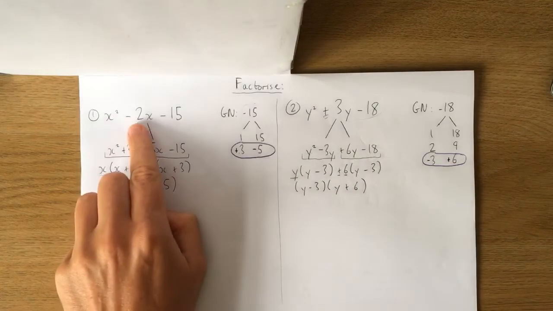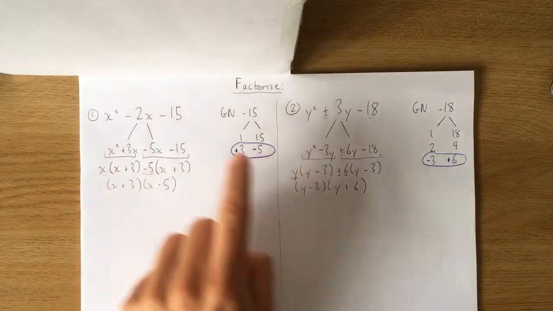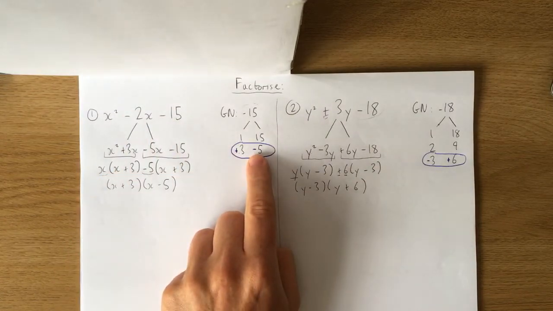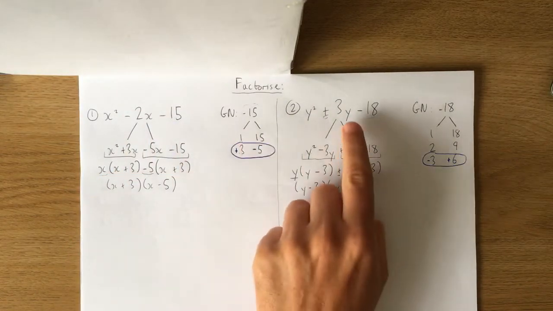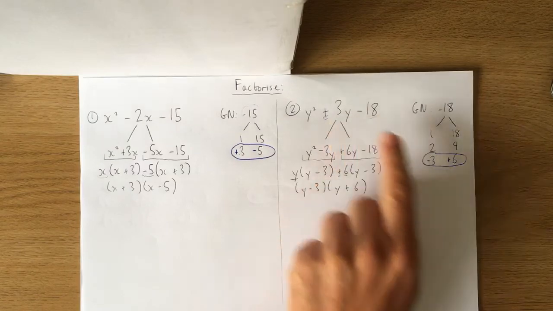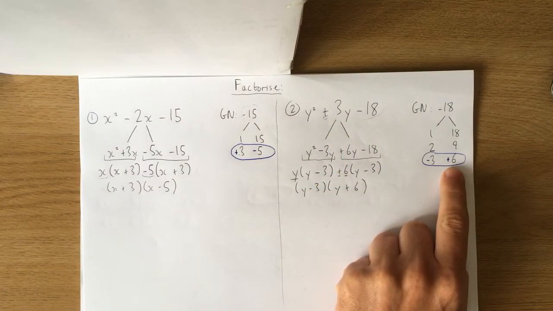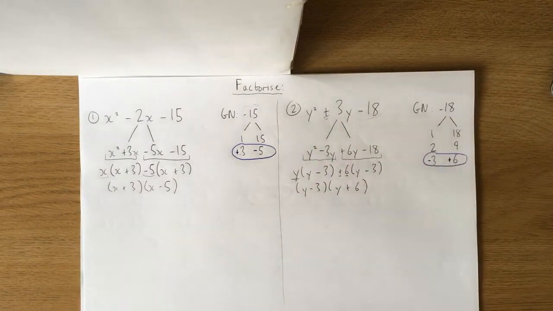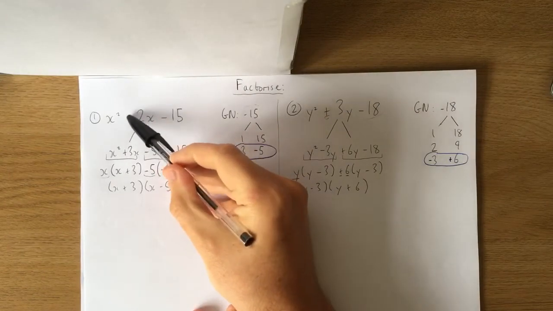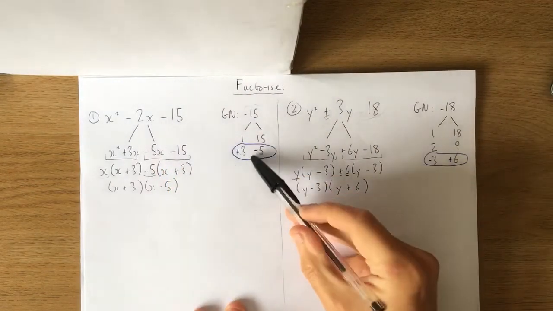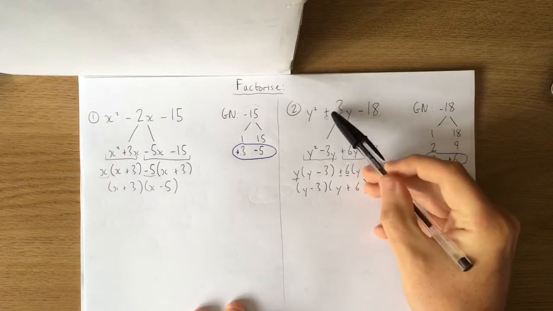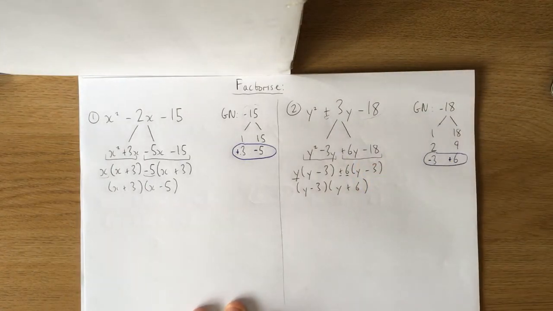Here I wanted it to be a negative number, so you'll notice it was the bigger factor that got the minus. Here I wanted it to be a positive number, so it's the bigger number that gets the plus sign. So whatever's there, if this is minus you're trying to make up, the bigger number will get the minus. If this is a plus number you're trying to make up, it's the bigger number that gets the plus.